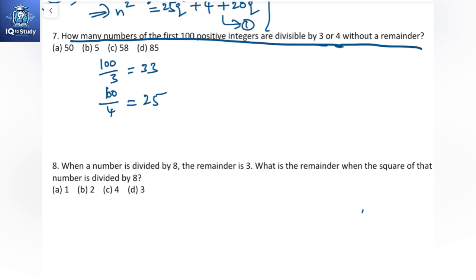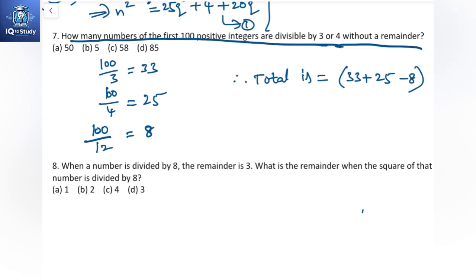The total number of positive integers divisible by 12 is equal to 8. Therefore, total is equal to 33 plus 25 minus 8, which is equal to 50. Option A.